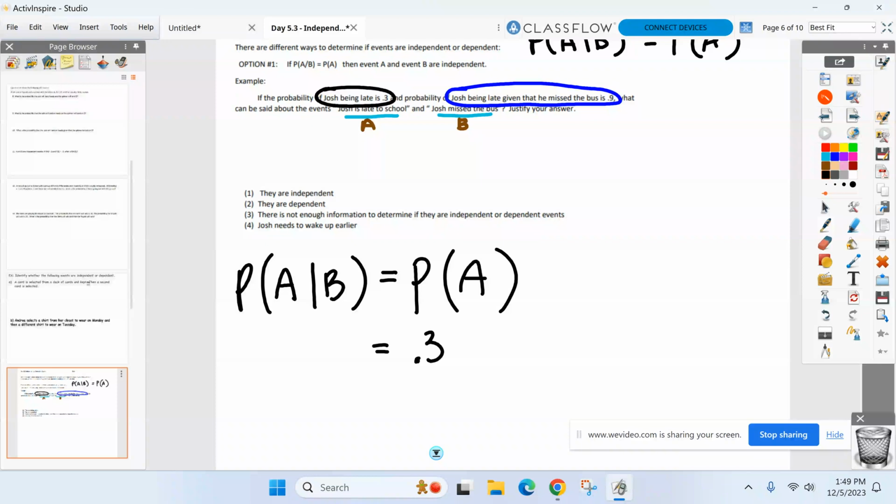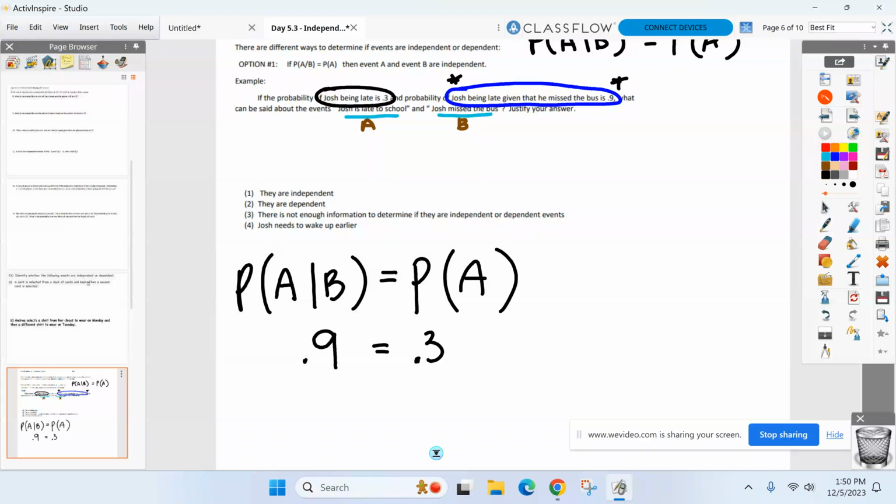What about the probability of A given B? The probability that Josh is late to school given he missed the bus. Look back at what was given to you. That probability was right there for us. The probability of Josh being late, given he missed the bus, is 0.9. So that's going to be 0.9.